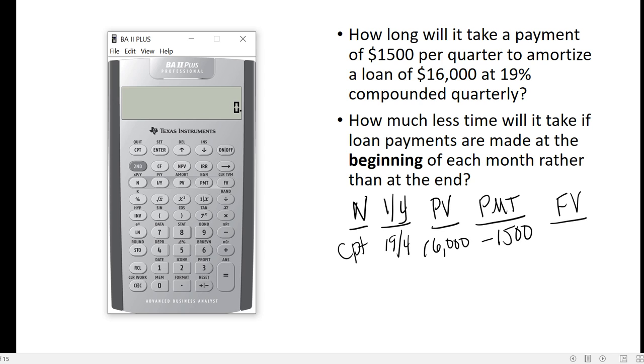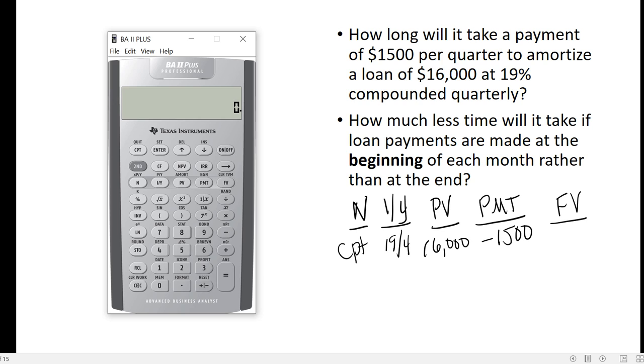So now we're going to solve the same problem, but this time we're going to solve it for an annuity due. So we have to make an adjustment with our calculator. The first thing we're going to do is clear time value of money. Then if you will look above the payment key, you'll see BGN. This means beginning.